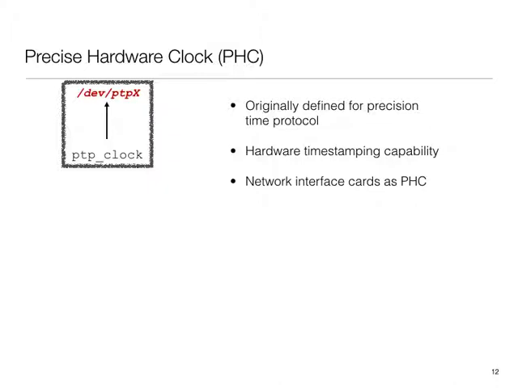Whenever a packet enters or leaves the Ethernet subsystem, it timestamps that packet very precisely in the hardware. But it doesn't mean it's only fixed for NICs. It could be used for other clocks as well, not just for packet exchange, but mostly it's used for that.